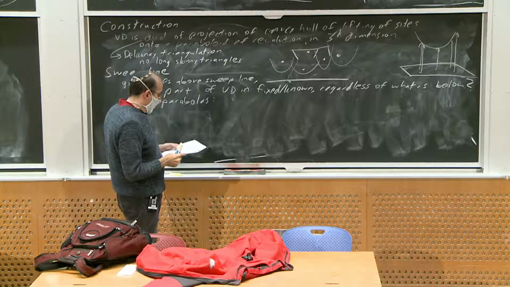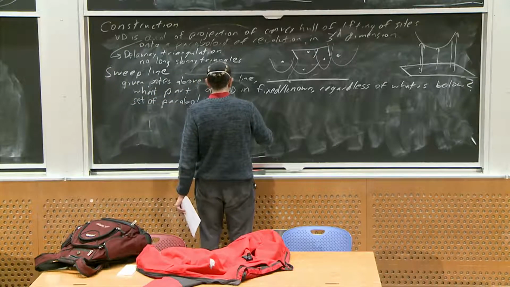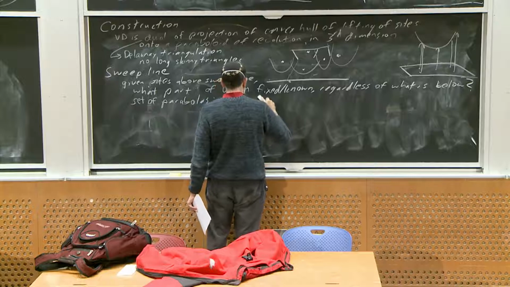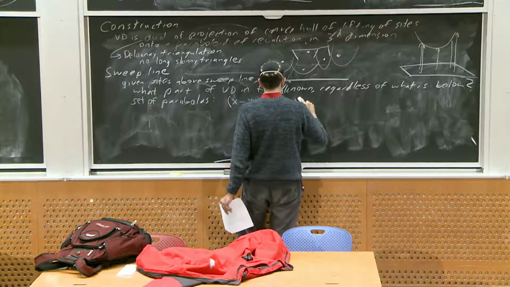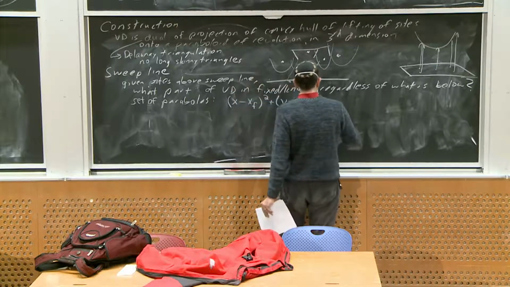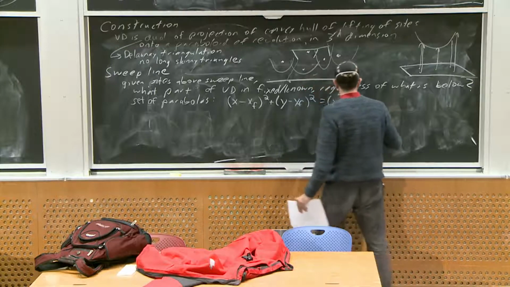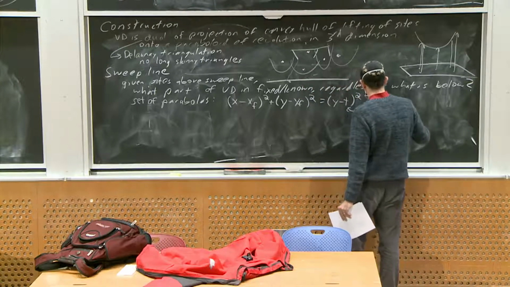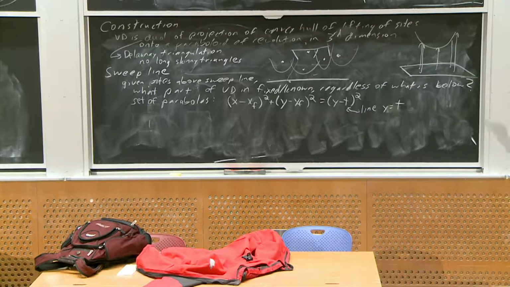Right? Where basically the requirement, the equidistance, is defined by a formula that says the distance from the focus of the parabola is equal to the distance from the line. Okay, so I'm going to define t as the variable representing the height of my line.